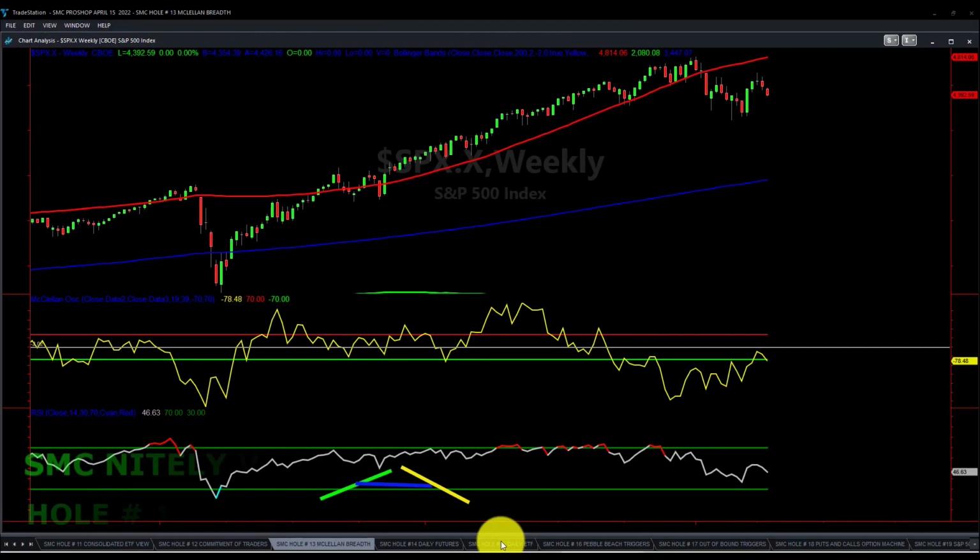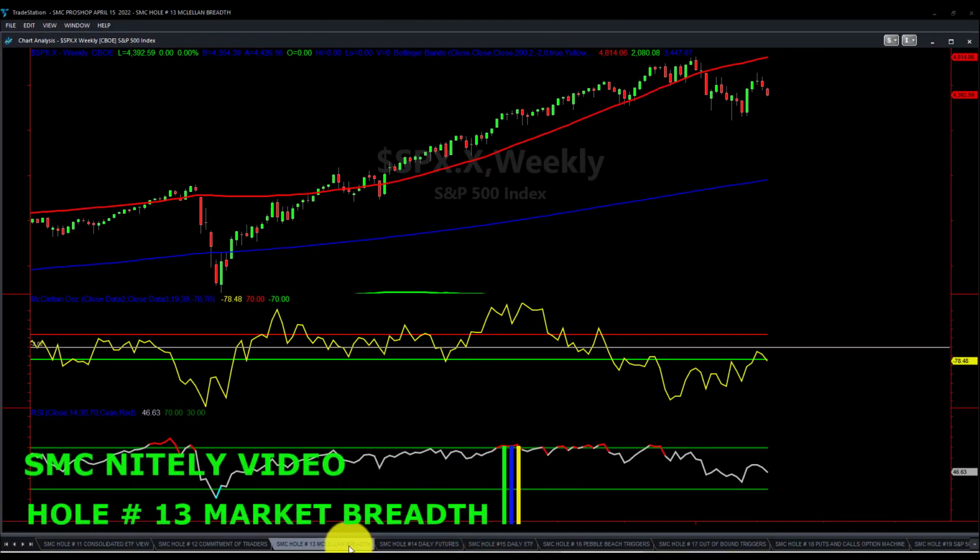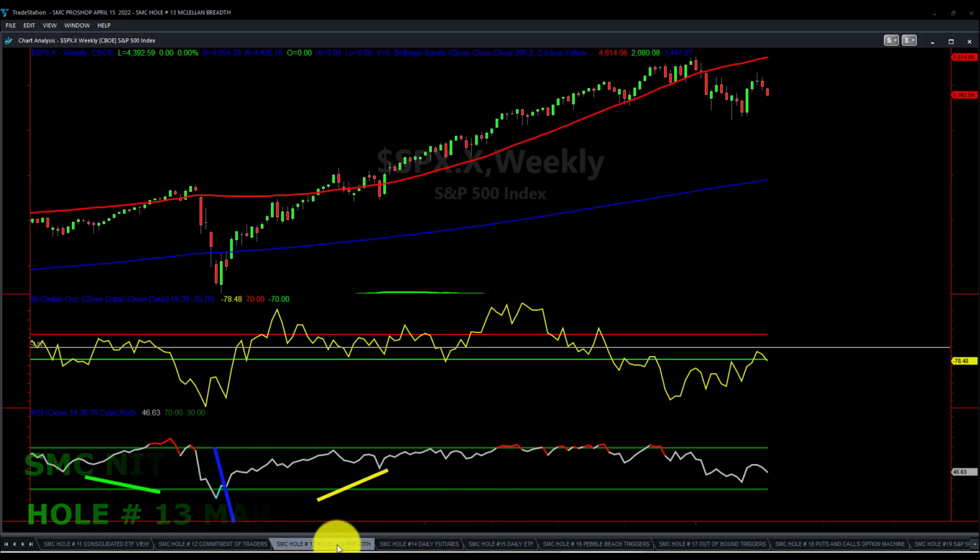Hole number 13. This is the breadth indicator, McClellan Oscillator, and it is showing us on a weekly basis that the breadth of the market is not good, as the market had been going up and continuing to correct. So the overall breadth of the market is declining.